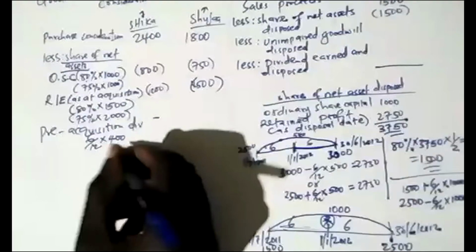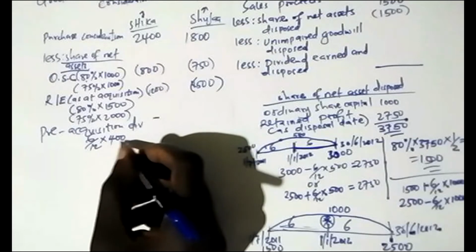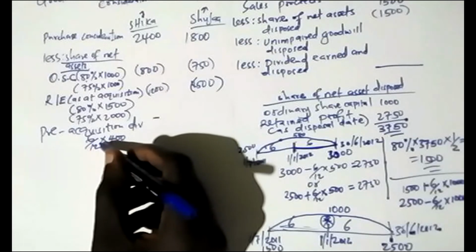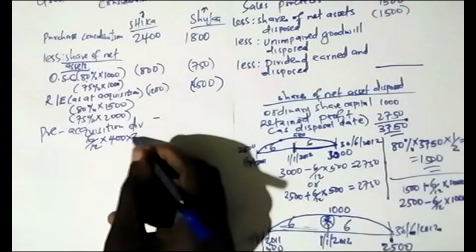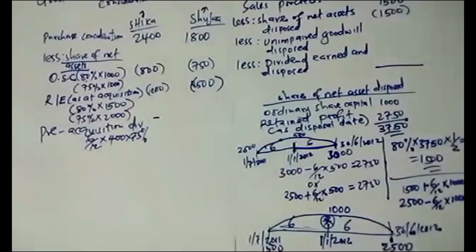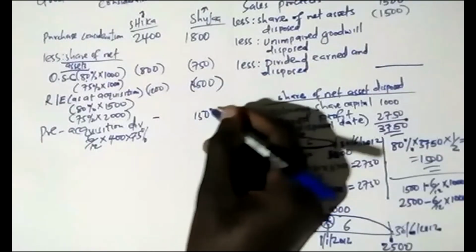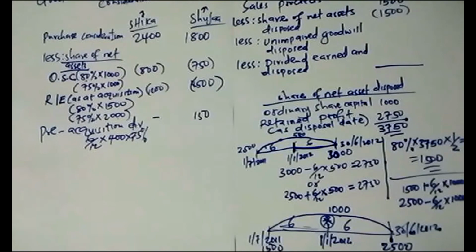So the dividends paid, we have determined it was 400. So for the pre-acquisition period, remember you have to multiply with 75%. So there I'm getting 150.